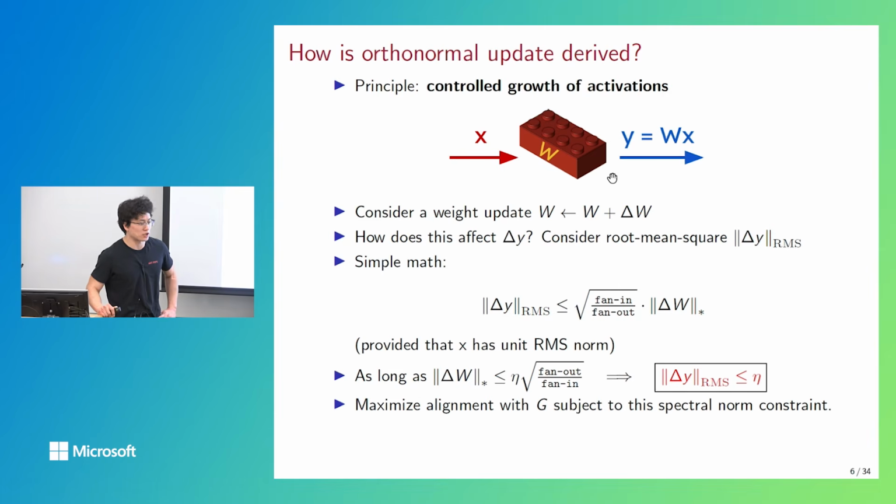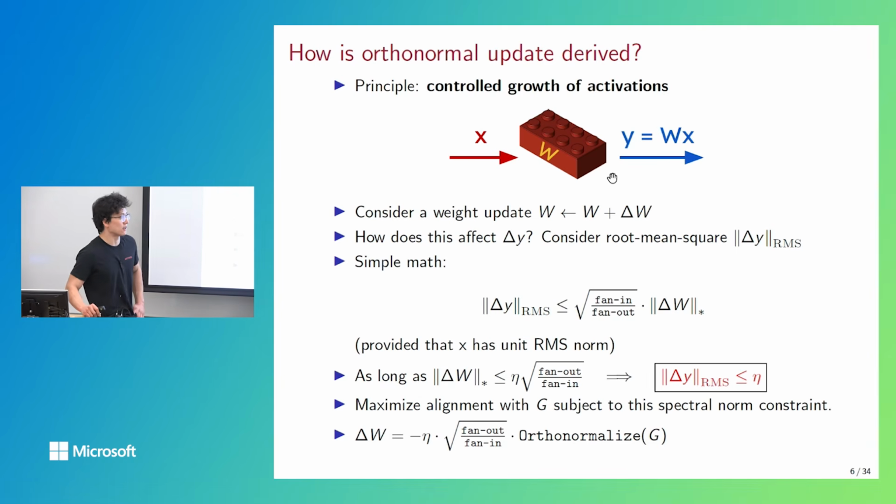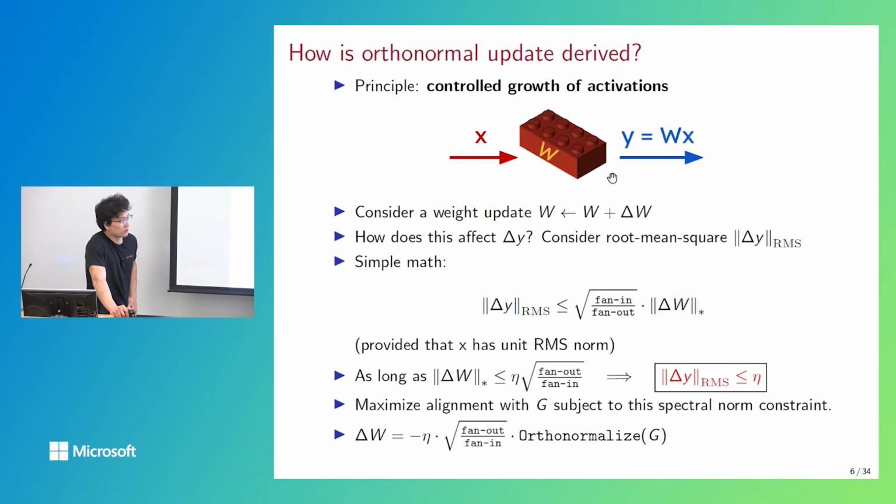And after doing some algebra, you can see that the maximizing solution is the Muon update I showed you earlier, where you orthonormalize G to maximize the alignment, yet you can achieve the spectral norm constraint. So the derivation is pretty simple, based on this simple theoretical principle.